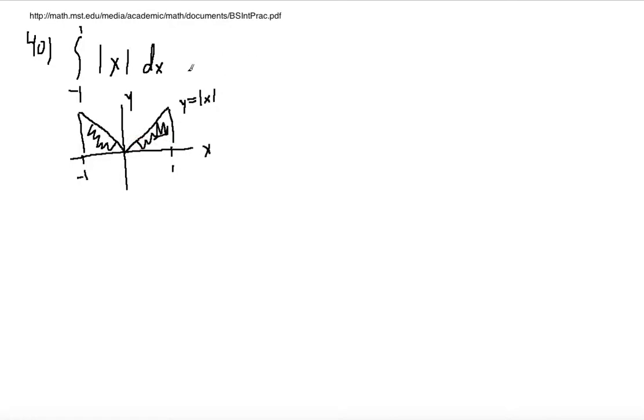Now you could technically change this into a piecewise function, because the integral here would be the integral from -1 to 0 of a negative x dx, and then you would integrate from 0 to 1 of a positive x dx.